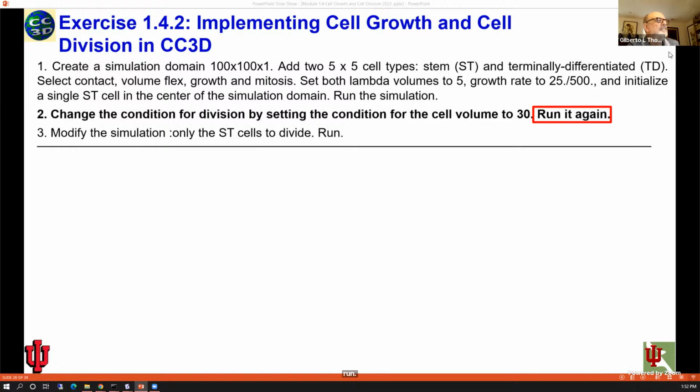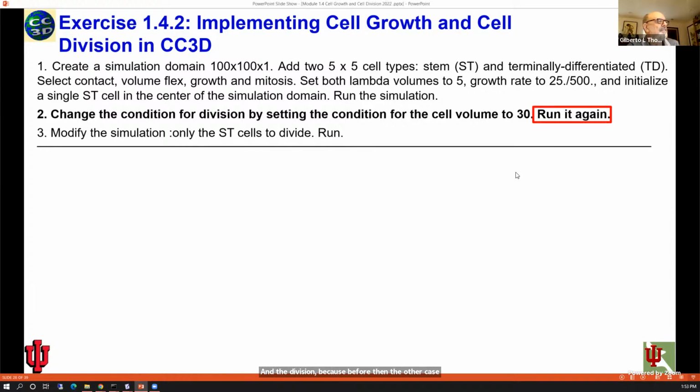The difference is subtle. What we are doing here is promoting division faster, because you didn't change the growth rate, so the cells continue to grow at the same speed, and the division occurs before the other case.